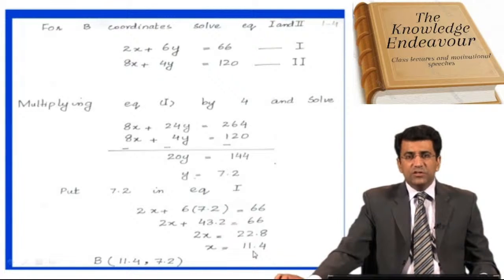So what are the coordinates of this particular point B? That is 11.4 and 7.2. So in this way we can get the value of coordinates for that particular point of intersection of both of the lines. Now again class, here in this particular case, what is meant by 11.4 and 7.2?